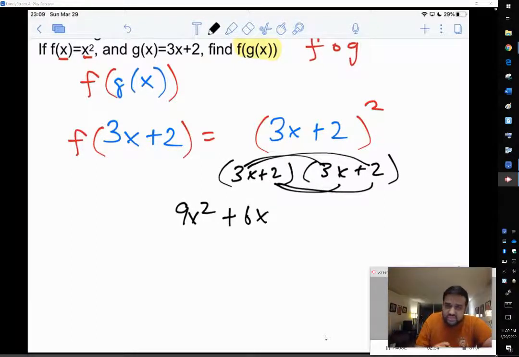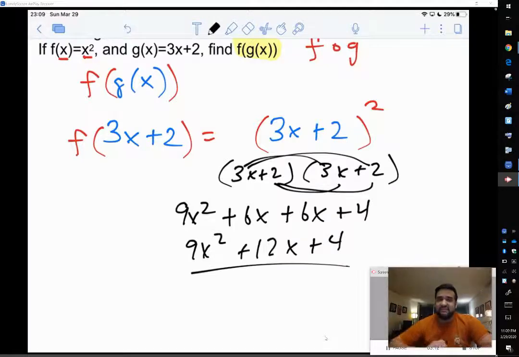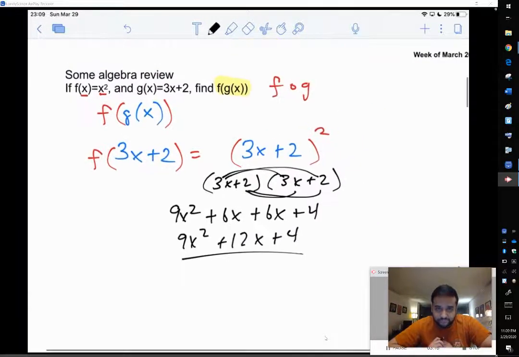For the inner set, 2 times 3x is also 6x. And for 2 times 2, for the last distribution here, that will give us plus 4. So combining my like terms, that will give us 9x squared plus 12x plus 4. That would be f of g of x, or f dot g of x.